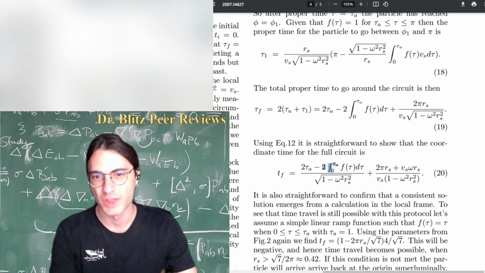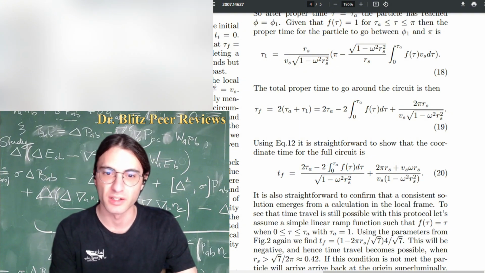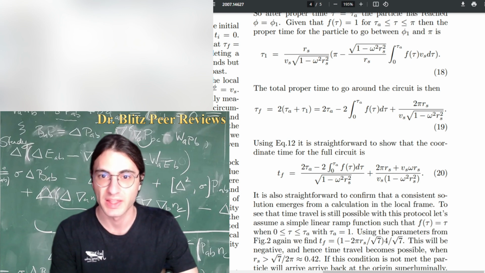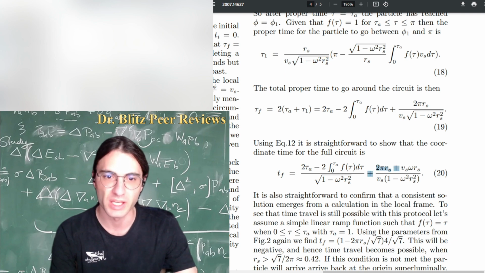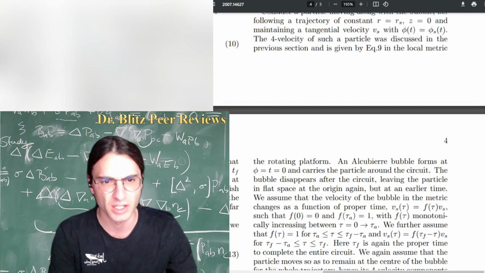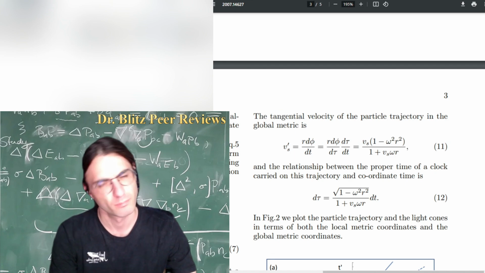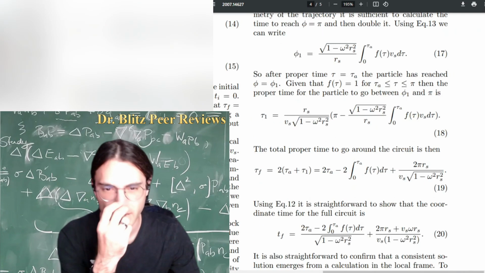So this term comes from this term. This 2 tau a comes from this term. And then this 1 over square root 1 minus omega squared r sub s squared, that's coming from this term here. Roughly, and then they're adding some bits because... Why are they adding bits? I might have to work this out.